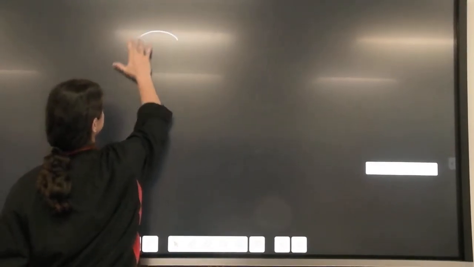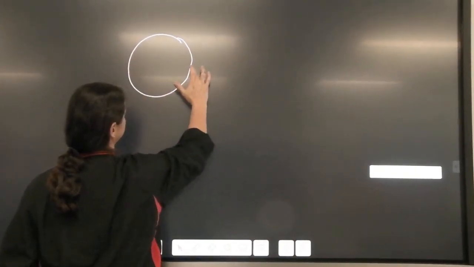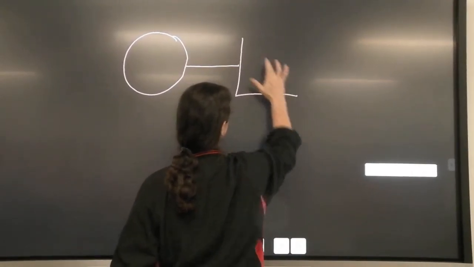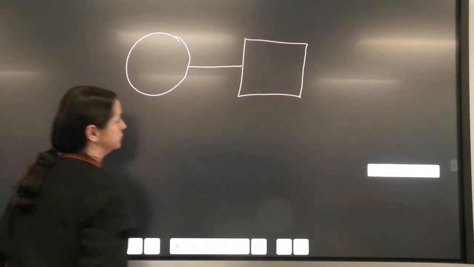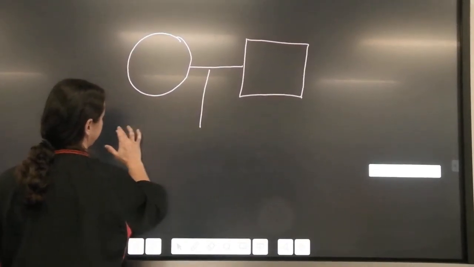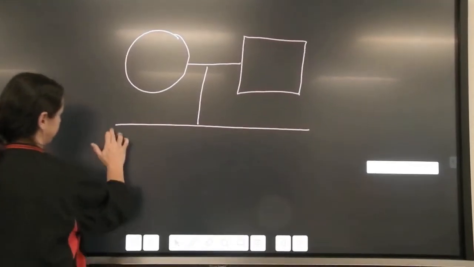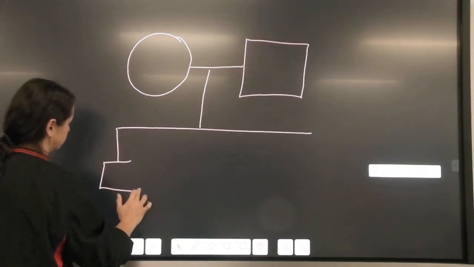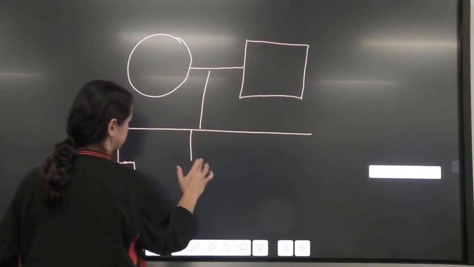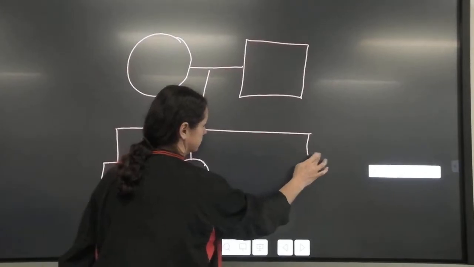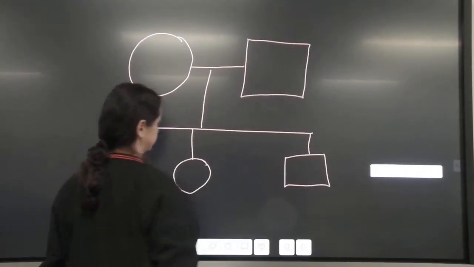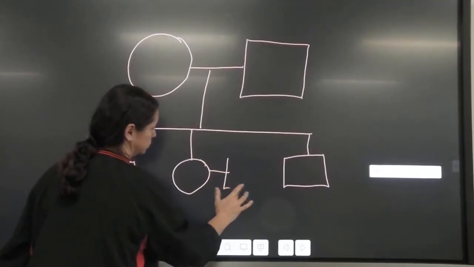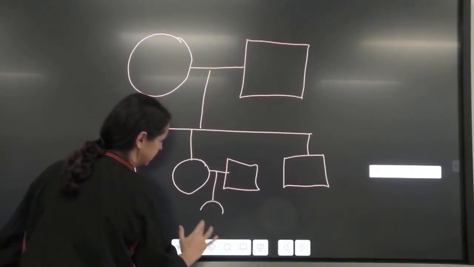All right, so let's look at using that information to figure out what's dominant and what's recessive. So let's go back to that. Let's say you have mom mates with dad, okay, and mom and dad have some babies. Okay, and one of their babies also mates and has a baby.